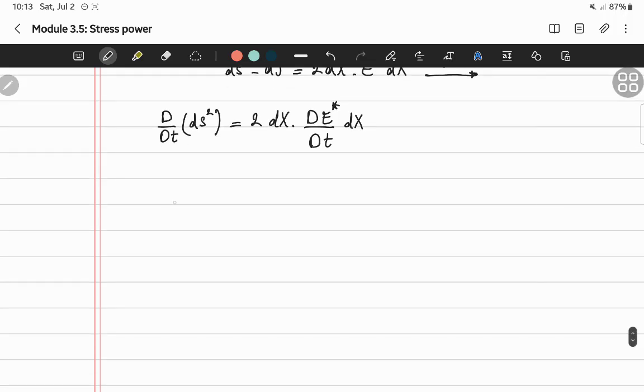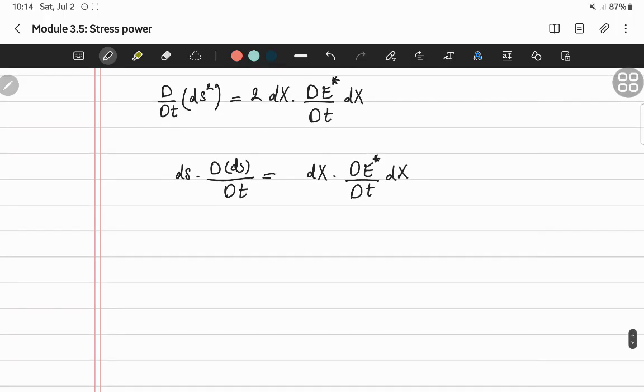So if you take the derivative of this, you get d dt ds squared is equal to 2 ds dot d of ds dt, is equal to 2 dx dot d E star dt dx. So these two cancel out with this one. And also we know that ds dot d ds dt is equal to dx dot d dx.